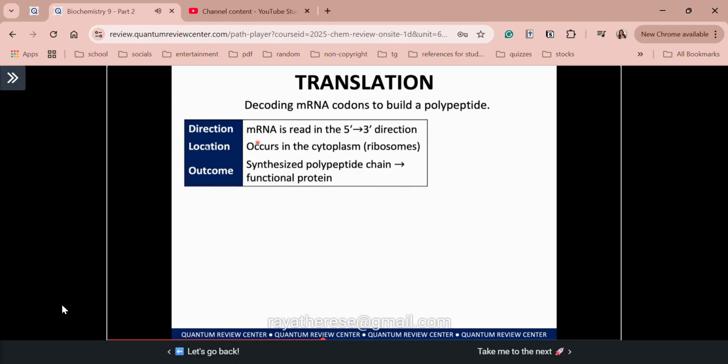For the location, as we have already reiterated, translation occurs in the cytosol and in particular in the ribosome. All right, for the outcome, again, your synthesized polypeptide chain will undergo post-translational modification. O parang similar siya with your PTP on your transcription process in order to produce your fully functional protein.